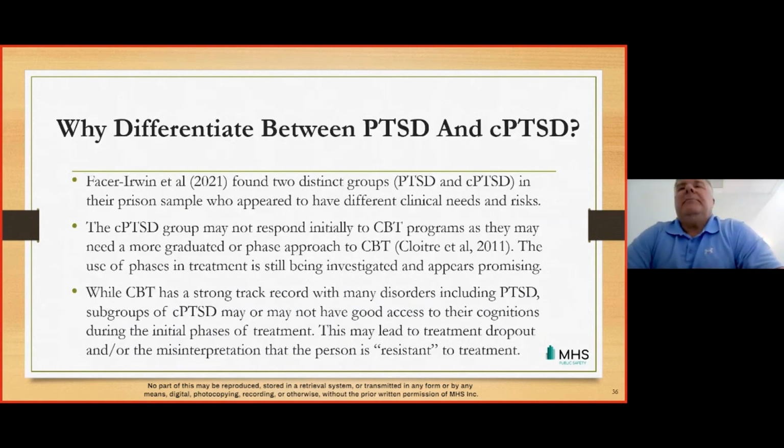So I'm trying to make this argument that there should be some differentiation between post-traumatic stress disorder and complex post-traumatic stress disorder. Studies have shown, like Foster and Irwin, who found 2 distinct groups of individuals in their prison sample, post-traumatic stress disorder and complex post-traumatic stress disorder, and they seem to have different clinical needs and risks.